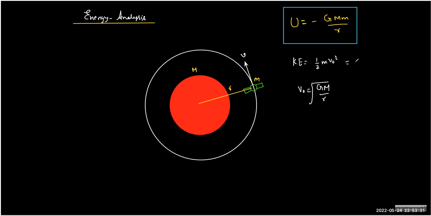So this will become GMm by 2r. And now comes the total energy of the satellite in a given orbit, which will be the sum of potential and kinetic.